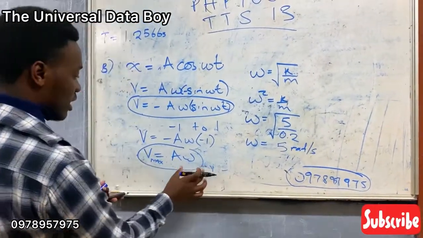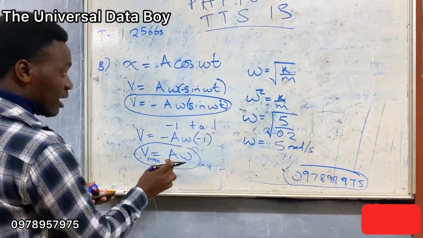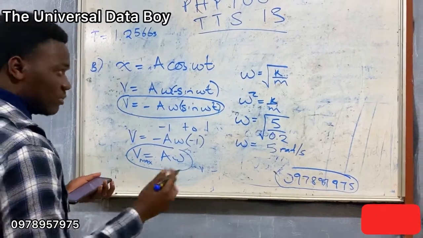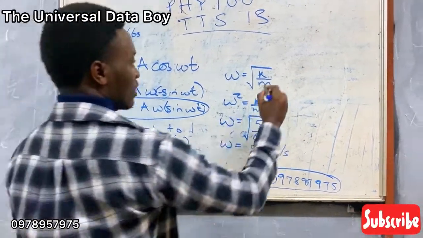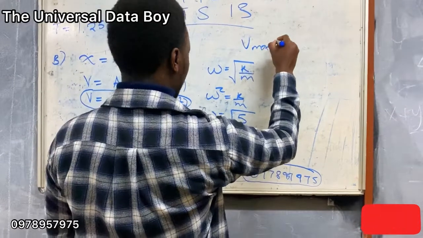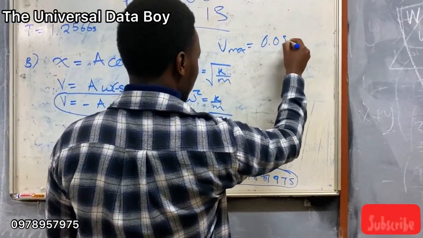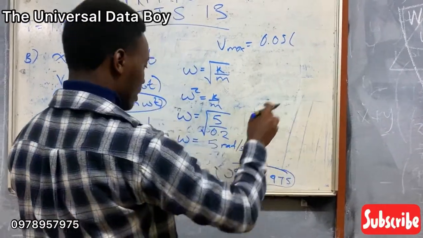So now we can put that there, and then we've got our amplitude. We said our amplitude is 5 centimeters, which is 0.05 meters. So now V max is going to be equal to A, which is 0.05, multiplied by 5.